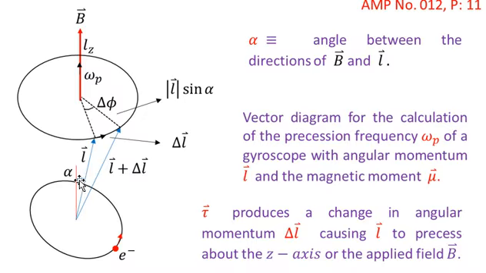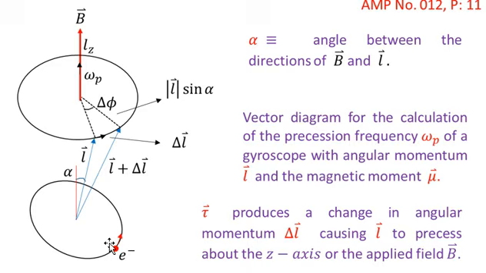It makes an angle alpha with the direction of B. This red line is parallel to the direction of the magnetic field, and the vector L makes an angle alpha with the line parallel to the magnetic field.